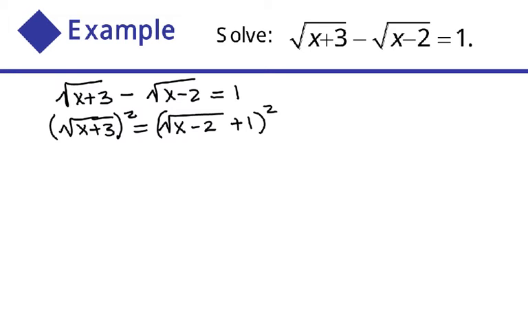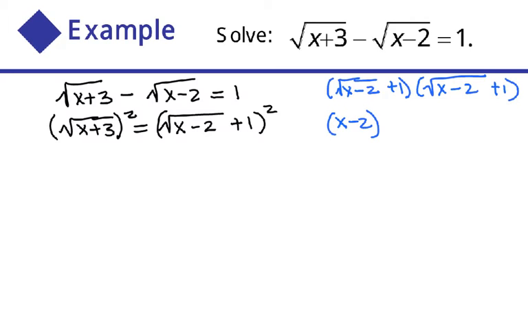So let's just do our work over here about how to square this binomial. We're going to use the FOIL method, and it'll be the square root of x minus 2 plus 1 times the square root of x minus 2 plus 1. First times first gives us x minus 2, because it gives us the square root of x minus 2 times the square root of x minus 2, which is the square root of x minus 2 squared, which is x minus 2.